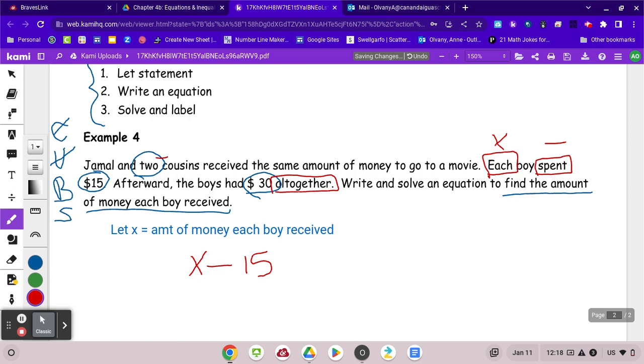Kind of a trick because I circled the number 2, but it's Jamal and his 2 cousins. So instead of doing x minus 15 for one, x minus 15 for the next, x minus 15 for the next, I'm going to multiply that whole set by 3. And at the end of all that subtracting and all that spending, they're going to have $30.